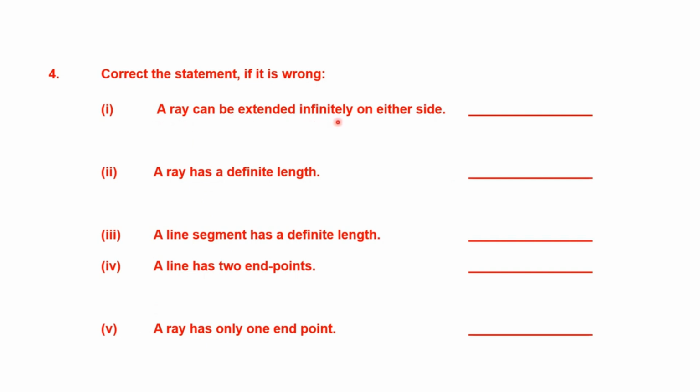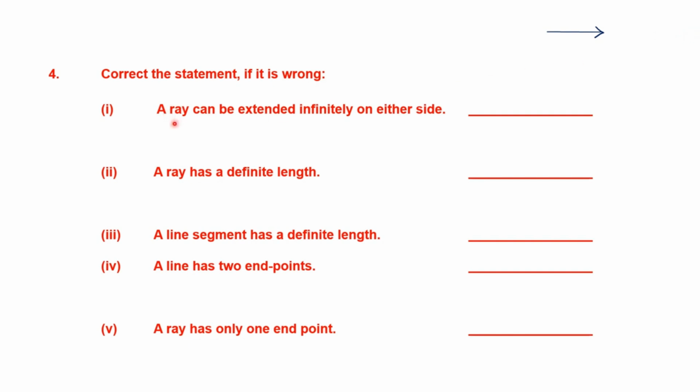Infinitely means unlimitedly, continuously on either side. Now if I draw a ray like this, I can see an arrowhead only on one side, isn't it? The other side there is no arrowhead. That means the other side is fixed, whereas the arrowhead says that that side can be extended infinitely.